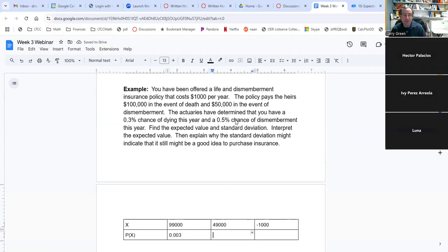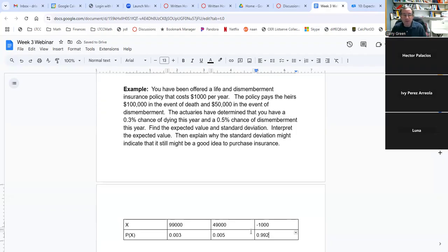Similarly, if you have a 0.5% chance of dismemberment, that's 0.005. If I take 0.003 plus 0.005, I get 0.008. And if I take 1 minus 0.008, which you're always allowed to use a calculator if you need to, you get 0.992.